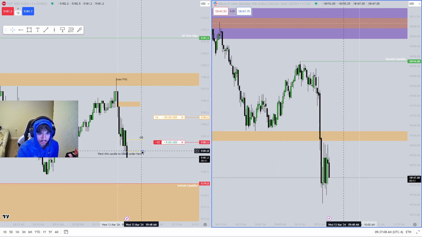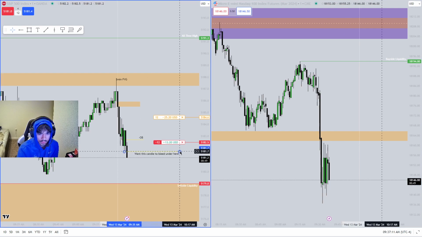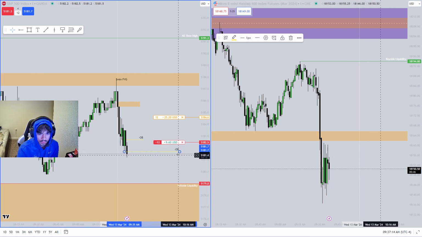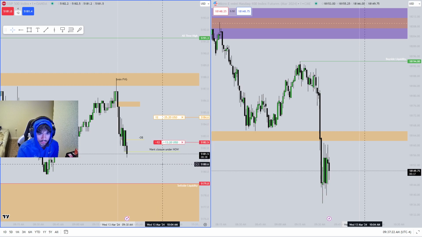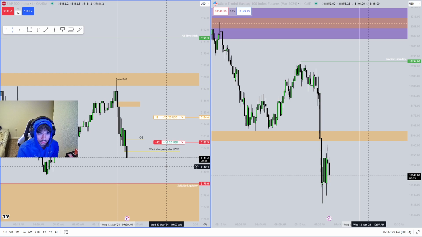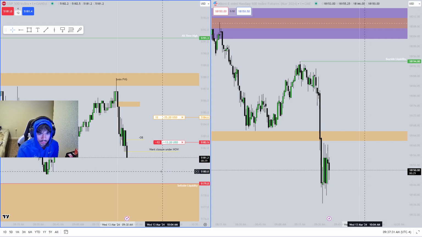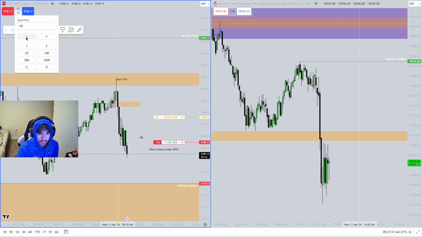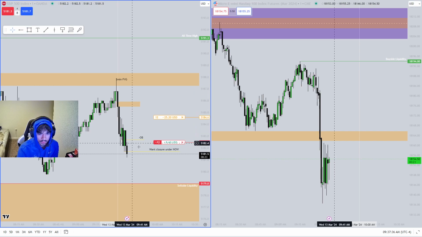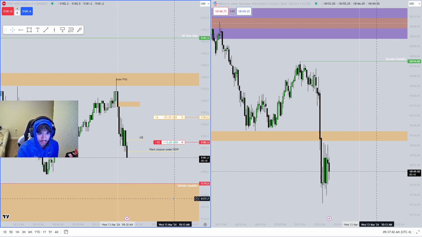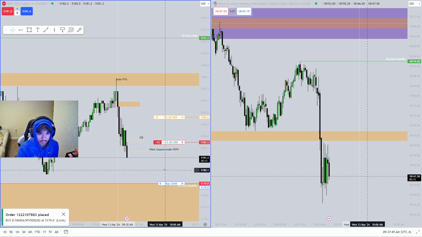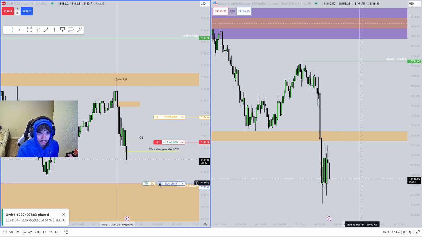I want this candle to close underneath this level right now. Have the market pay me for my time by getting underneath this candle's low.